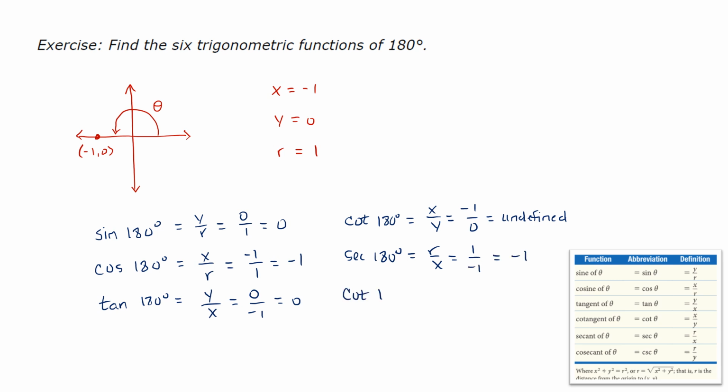And the cosecant of 180 degrees is r over y, which is 1 over 0, which is also undefined. Okay, and so now we have the 6 trigonometric functions of 180 degrees. Okay.